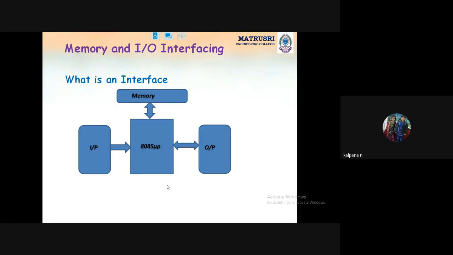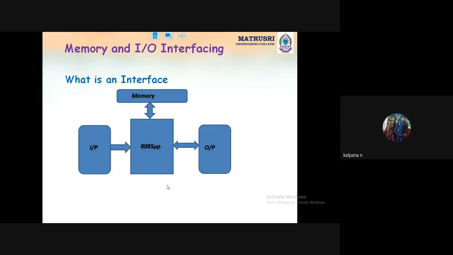The process of connecting external devices to the microprocessor to utilize our microprocessor effectively is called interfacing.